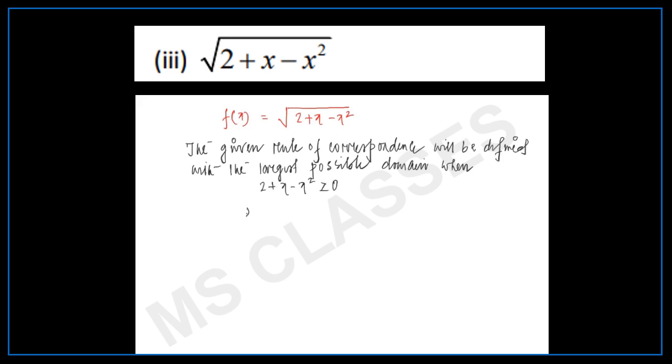We take minus common to make the coefficient of x squared as 1, so greater than or equal to 0. We transfer the minus sign to the right hand side and we get less than or equal to 0. Now we factorize this. x squared minus 2x plus x minus 2 less than or equal to 0.